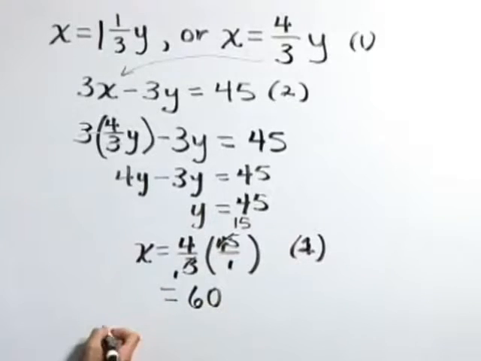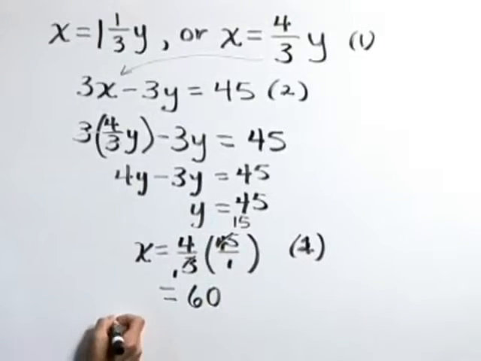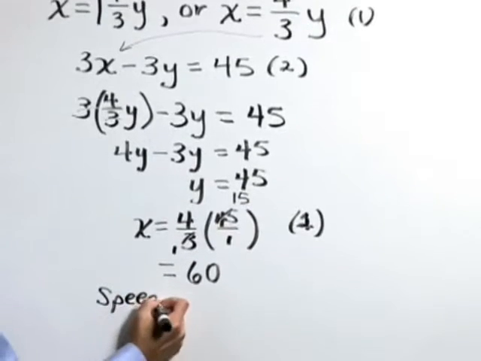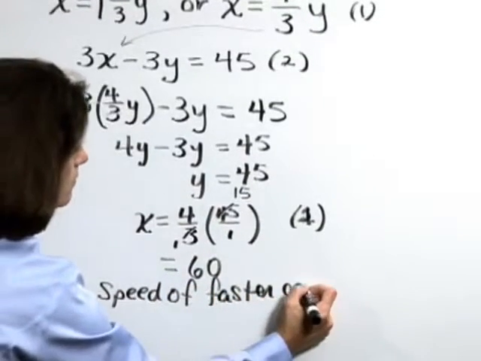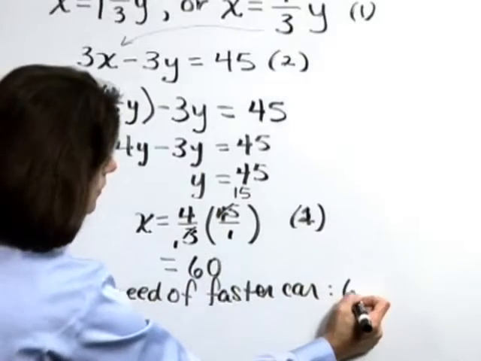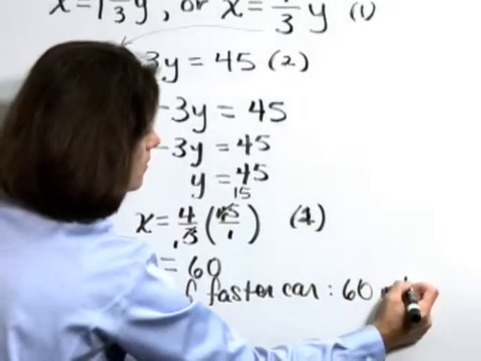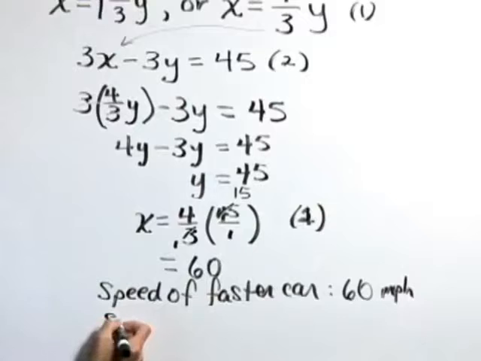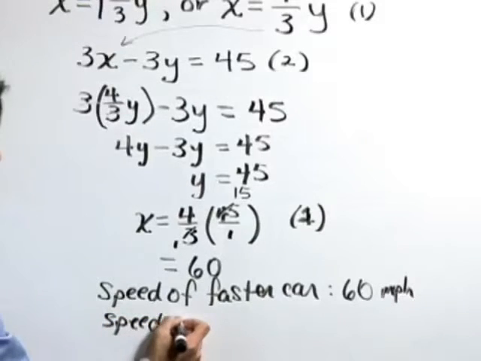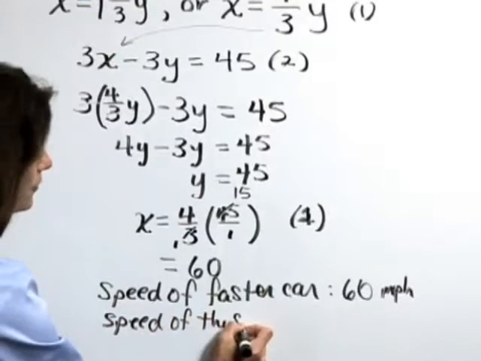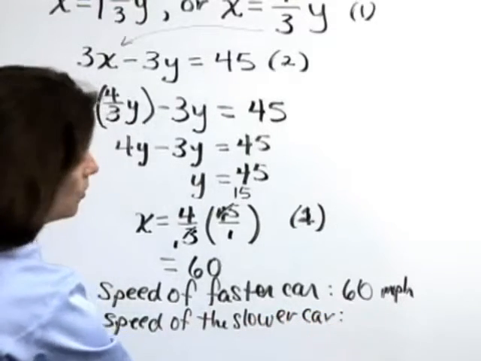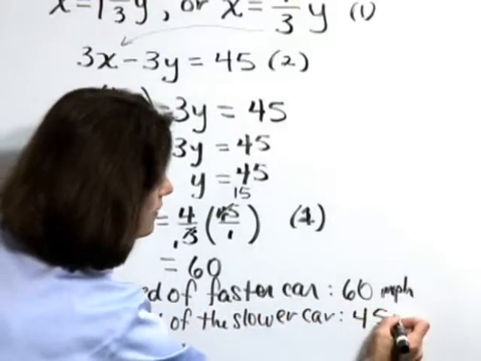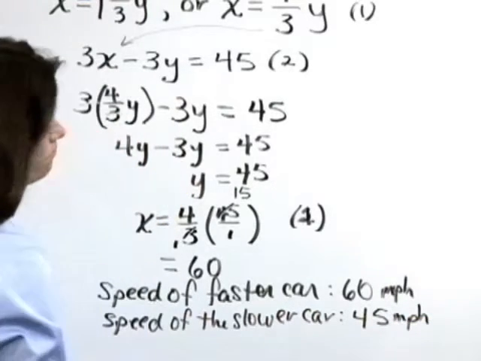We have found that the rate of the faster car, or the speed of the faster car, is 60 miles per hour, and that the speed of the slower car was our y value, and that's 45 miles per hour.